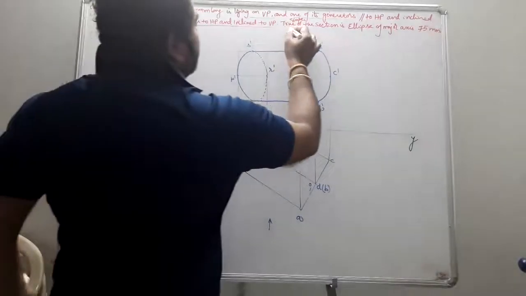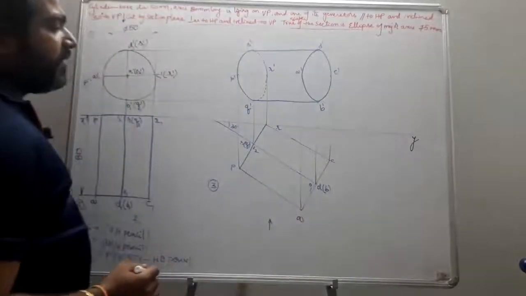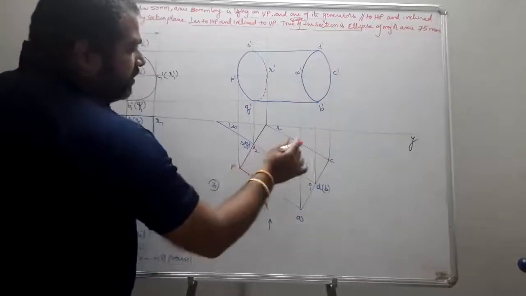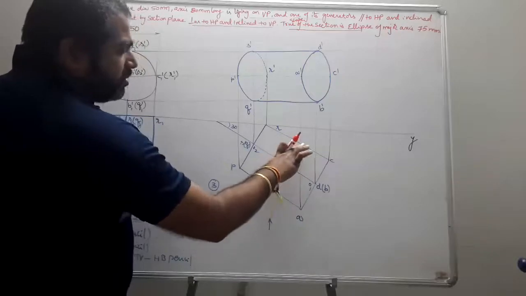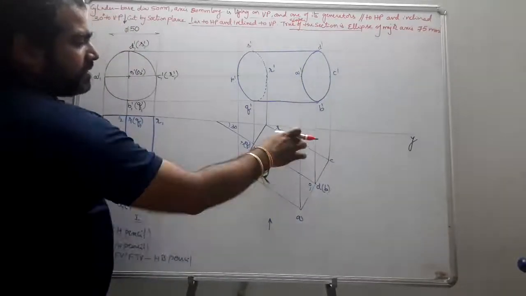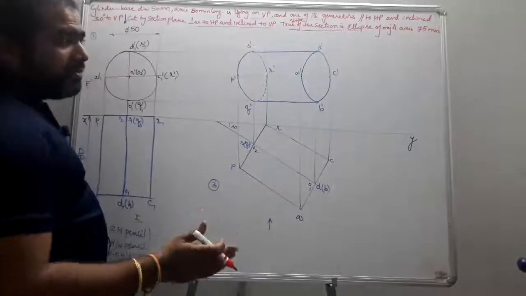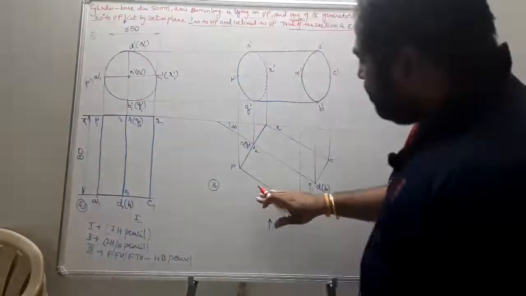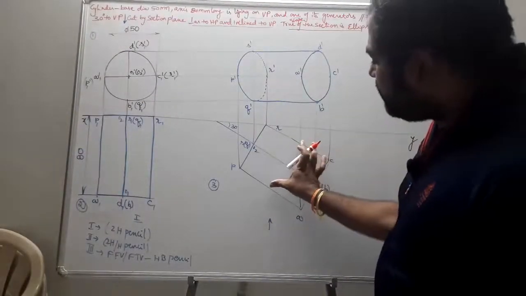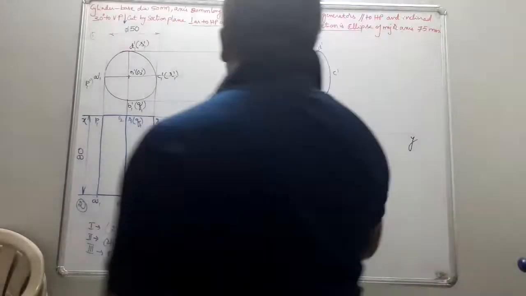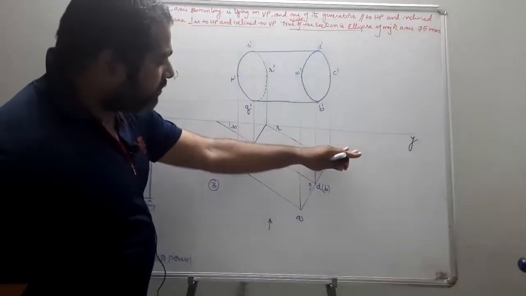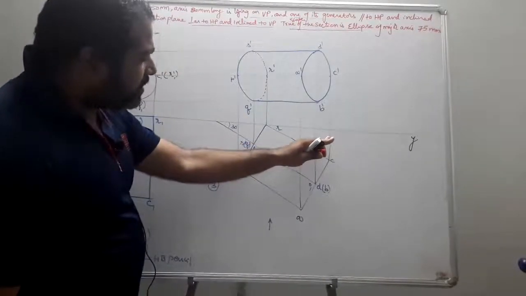Now, the true shape of the section is given as an ellipse of major axis 75. So you just measure your scale in such a way that this major axis, these are the two end generators. If I consider these as the two ends where it is going to be cut with 75, I consider it as the major axis. Okay. If I just take my drafter or scale, you just move your drafter in such a way that the distance between these two is going to be measured. If you just take a horizontal scale like this, if you just move with this point, it will cut somewhere here.